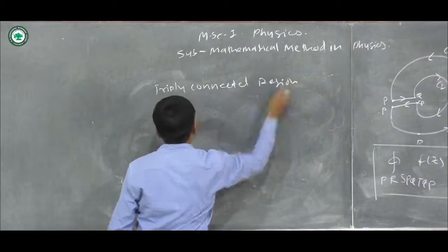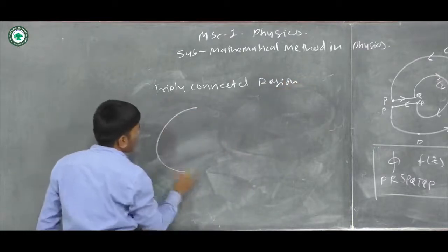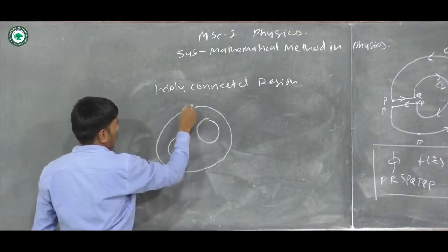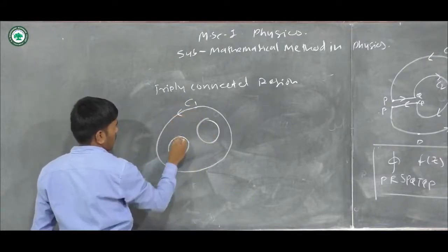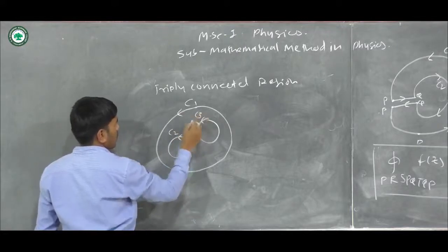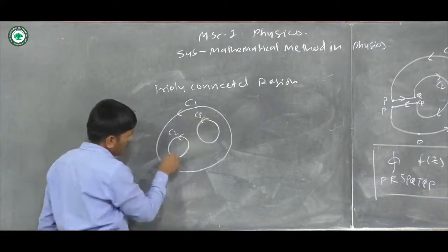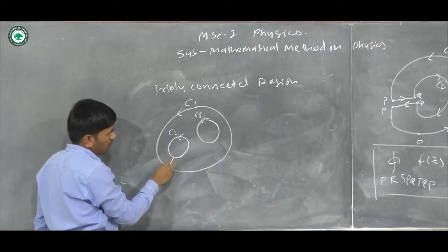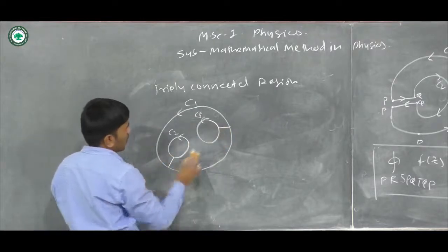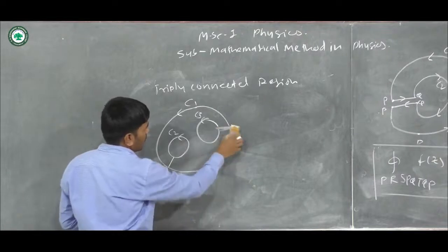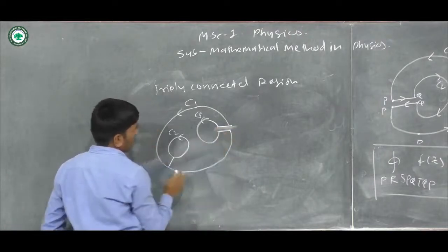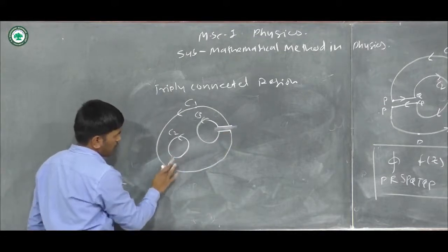In the triply connected region, this is C1, this is C2, and this is C3. So here we can make two cuts, one here and another here, like this, and here also.